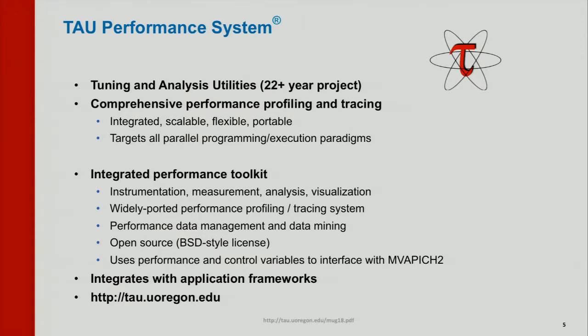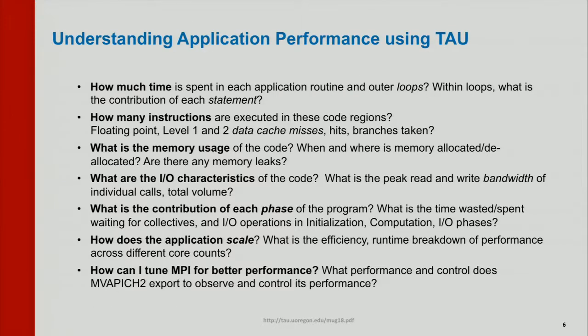TAU can handle many different execution environments and scenarios and help you evaluate the performance of your application. It can show you how you can improve the performance by focusing on code regions in your code and showing you where it spent its time and other execution resources.